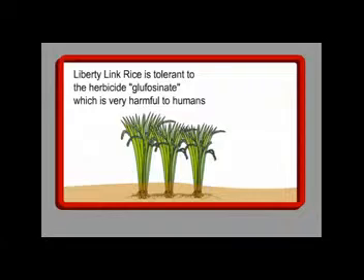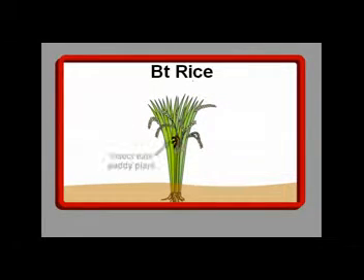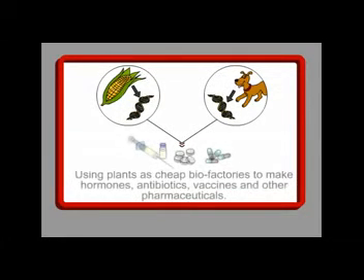Another type of GE rice is BT rice. BT rice produces its own insecticide to be resistant to certain types of insects, especially moths and butterflies. Companies are also using plants as cheap biofactories to make hormones, antibiotics, vaccines, and other pharmaceuticals.